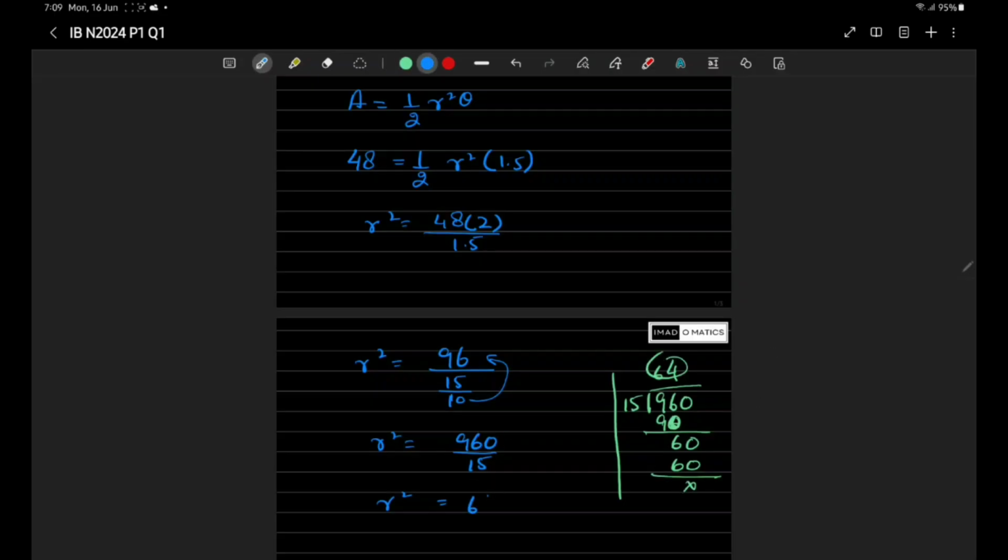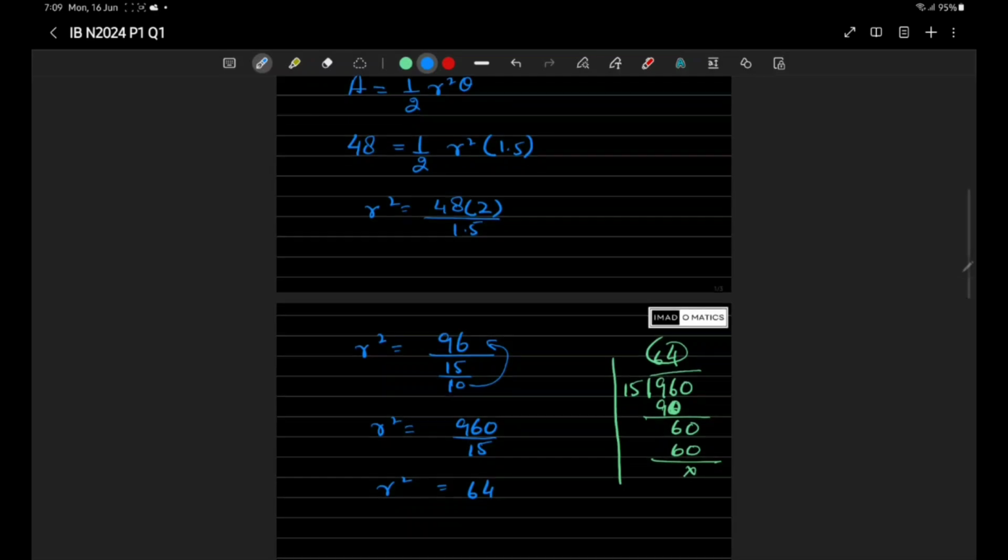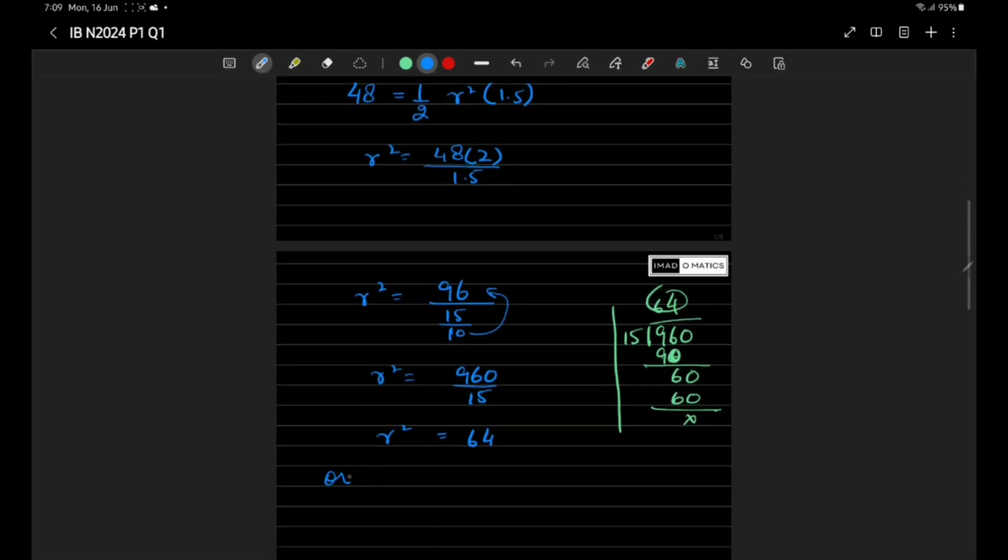R square is 64. By taking square root on both sides, R square is equal to 64. This square cancels and R is equal to 8 centimeter.